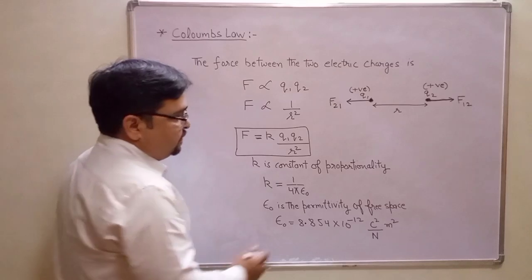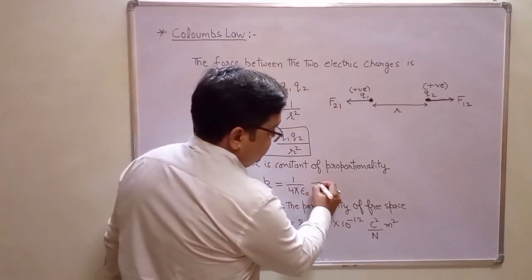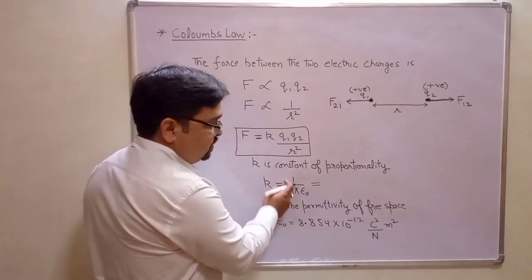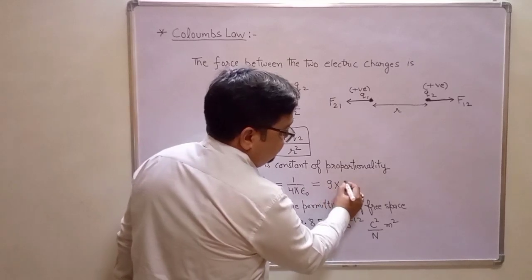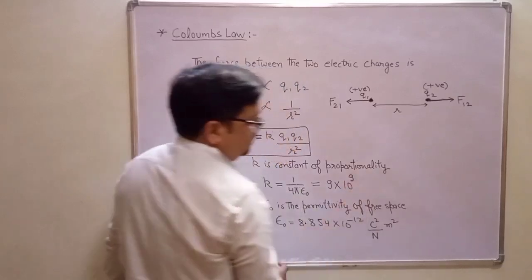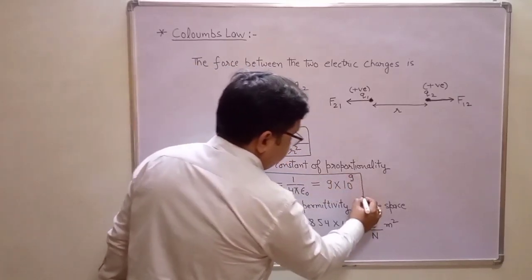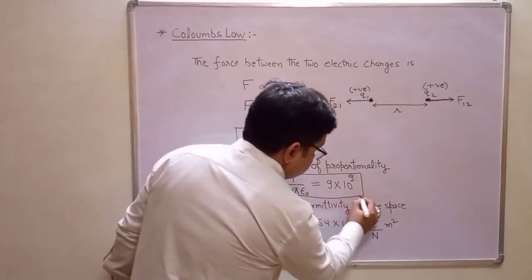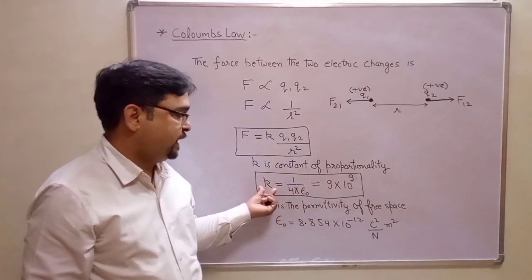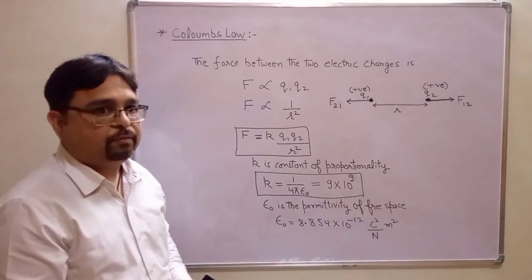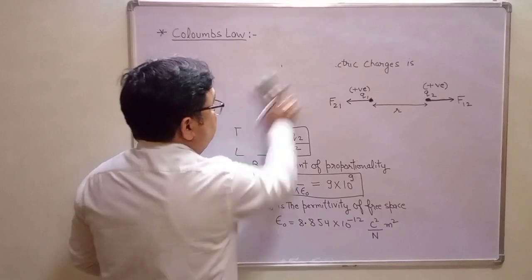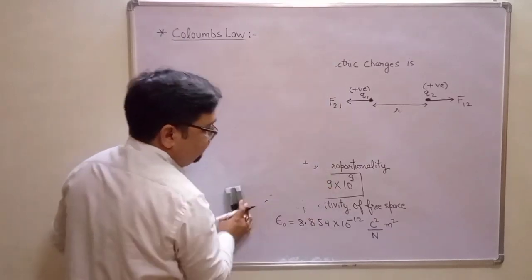When you put the value of epsilon naught in this expression, you will get K as 9 into 10 raised to the power 9. This is an important constant in electrostatics. You must remember this value of K, 9 into 10 raised to the power 9, for free space. Now let us define Coulomb's law in vector form.